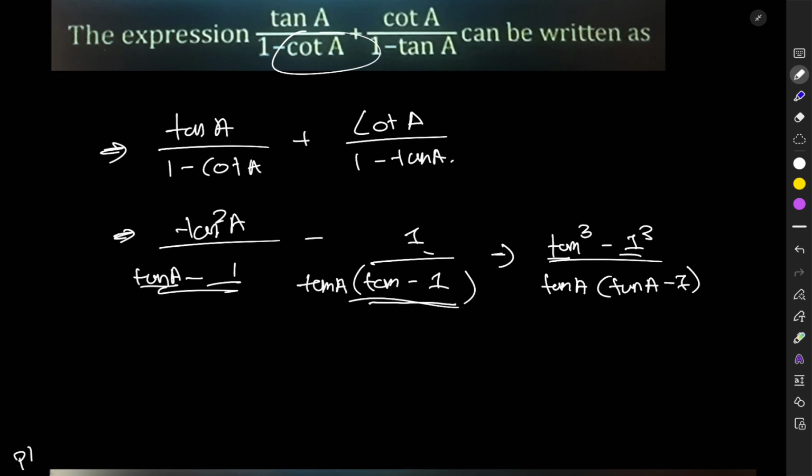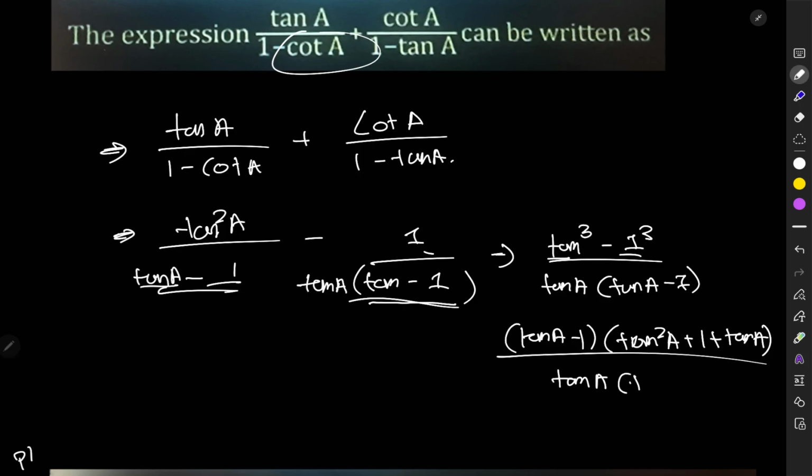So if you know that formula, we can basically simplify it. So tan A minus 1 times tan square A plus 1 plus tan A, divided by tan A minus 1.